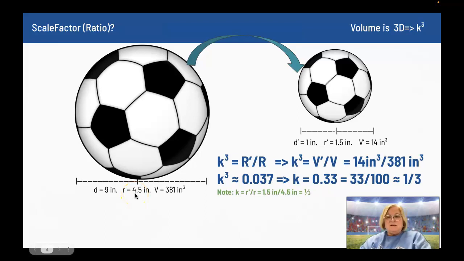It's one-dimensional. My original is 4.5 inches, and my new image, my radius, is 1.5 inches. So I have 1.5 inches divided by 4.5 inches. The inches cancel out, and 1.5 divided by 4.5 reduces to 1/3.